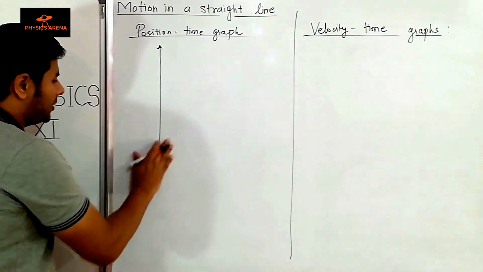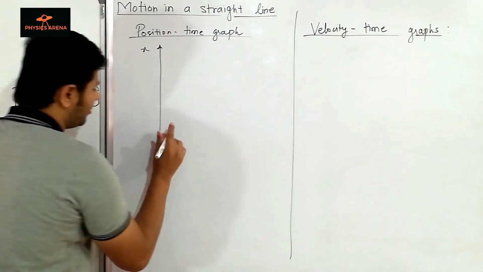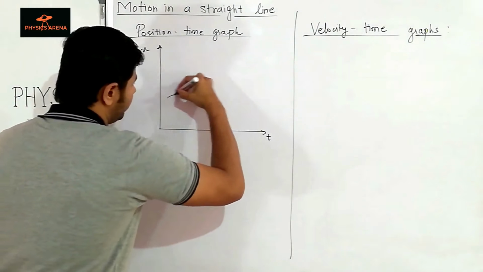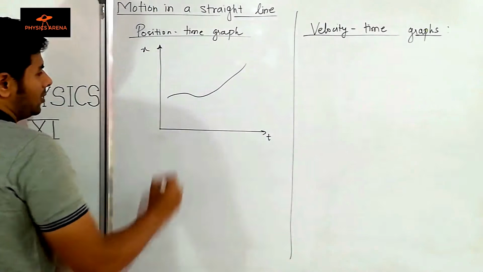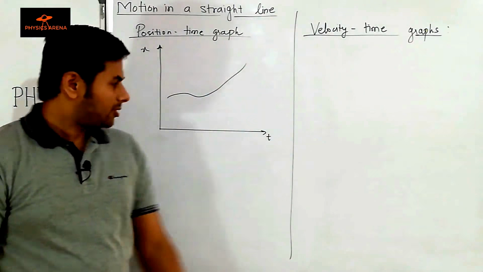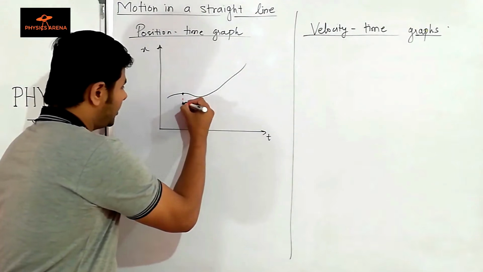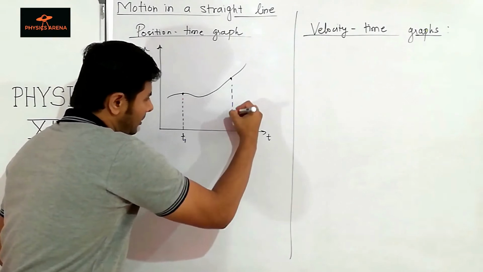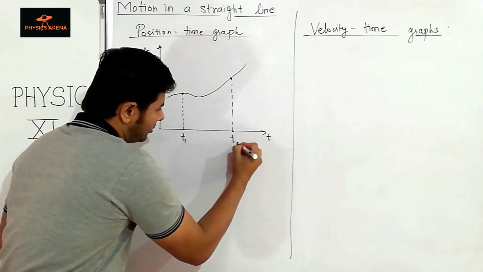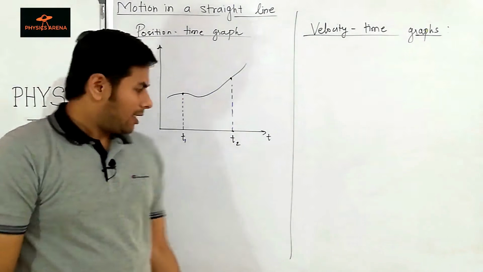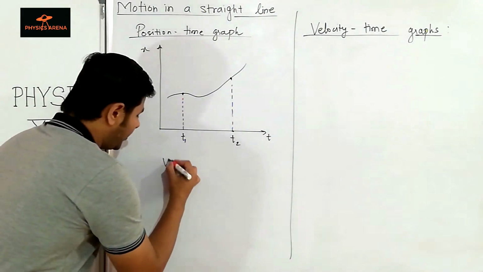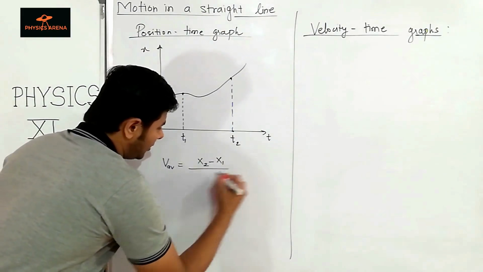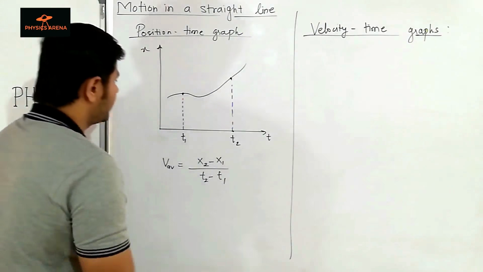Suppose we have any random position versus time graph, something like this. Let's choose some time interval, say from t1 to t2. Let's recall that in this time interval, the average velocity is given by v average equals x2 minus x1 divided by t2 minus t1.